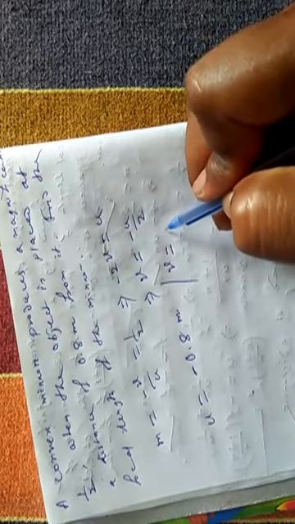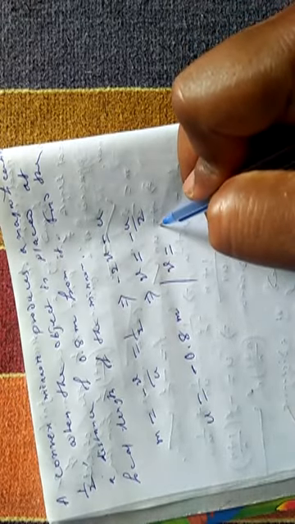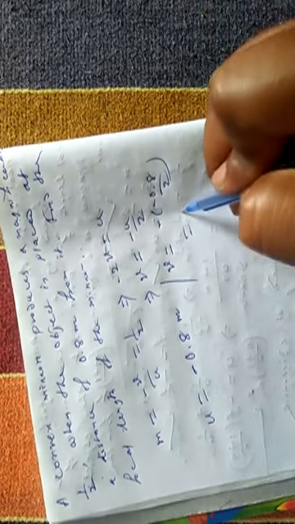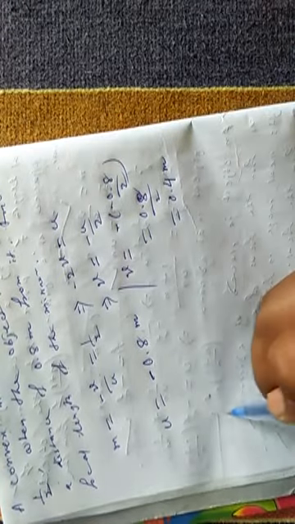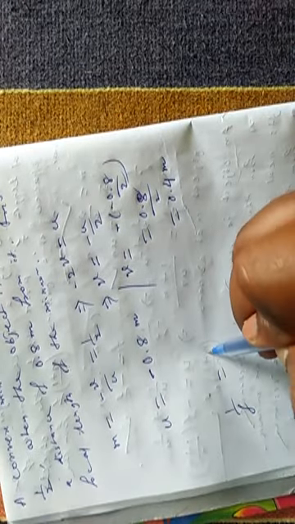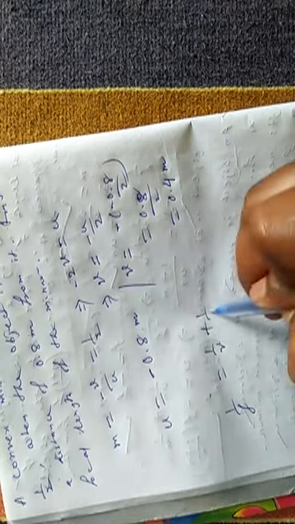V is equal to minus u by 2, is equal to minus of minus 0.8 by 2, is equal to 0.8 by 2, is equal to 0.4 meter. So u is equal to minus 0.8 meter, v is equal to 0.4 meter. So put in the mirror equation, 1 by f is equal to 1 by v plus 1 by u.